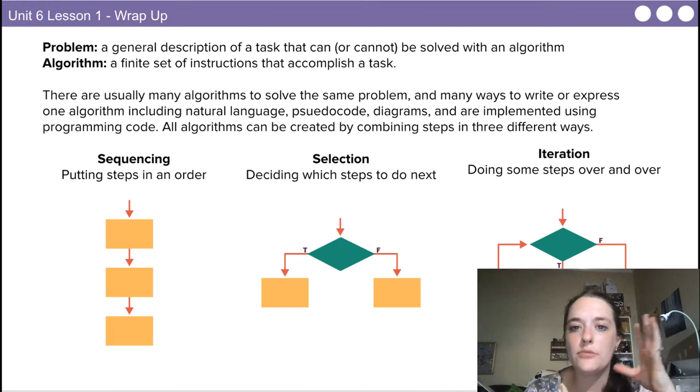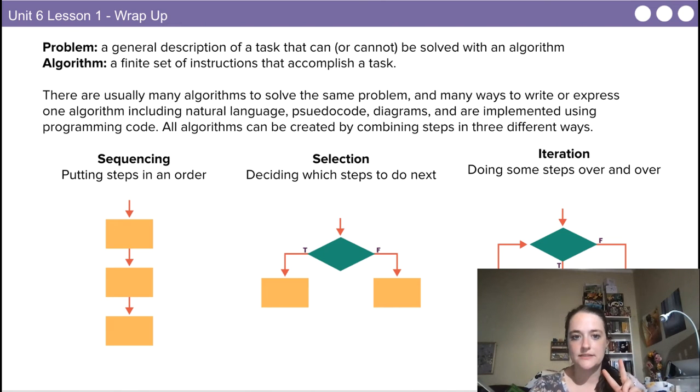Now, for our wrap-up for this lesson, we've talked about 2 different things. A problem, which is a general description of a task that can or cannot be solved with an algorithm, and an algorithm, which is a finite set of instructions that accomplish a task.